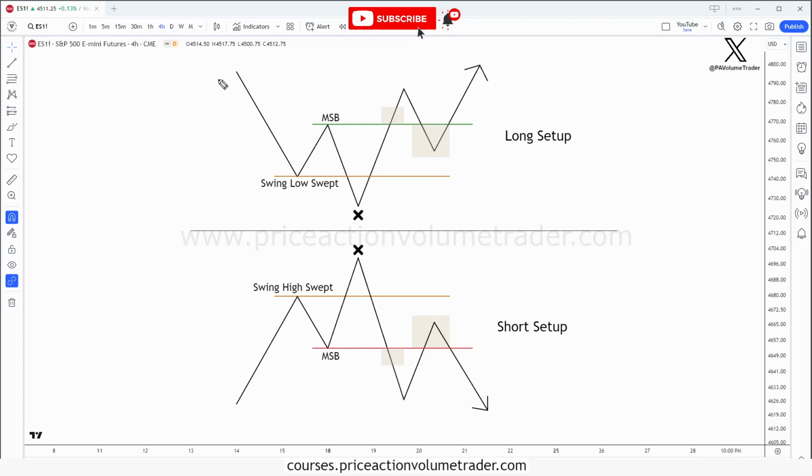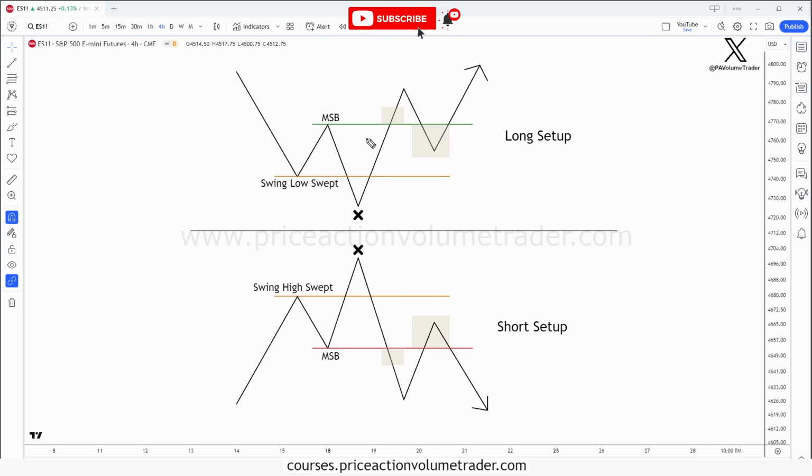So what you want to see is a downtrend coming down. We have a swing low, then we have a lower high, then we come in and we spike underneath this previous swing low and close back above.